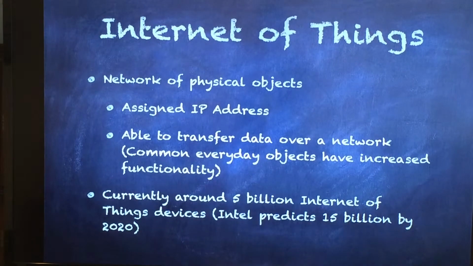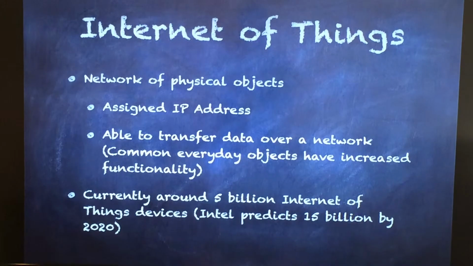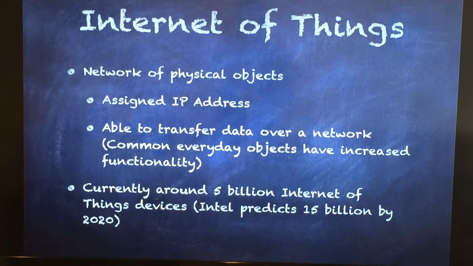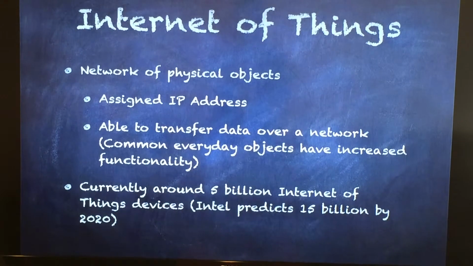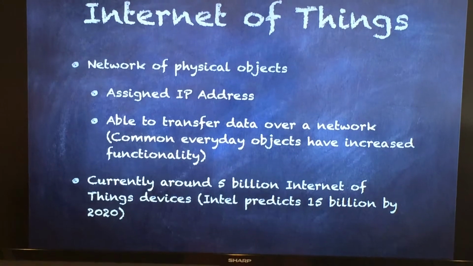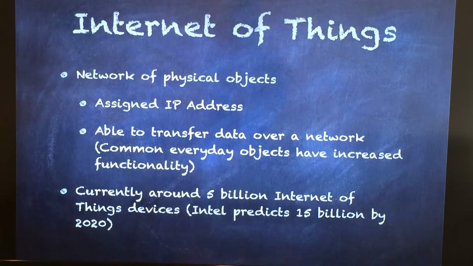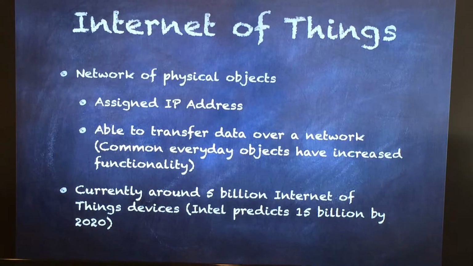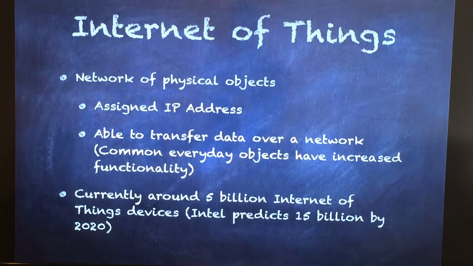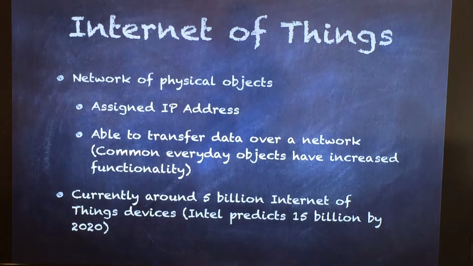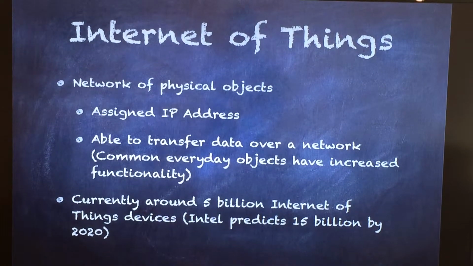Today, we have what is called the Internet of Things, which is a network of physical objects that are all assigned IP addresses. So think of all the things that are now connected to the internet, not just computers, but also devices like watches, for example. Because of this, so many devices are able to transfer data over a network.